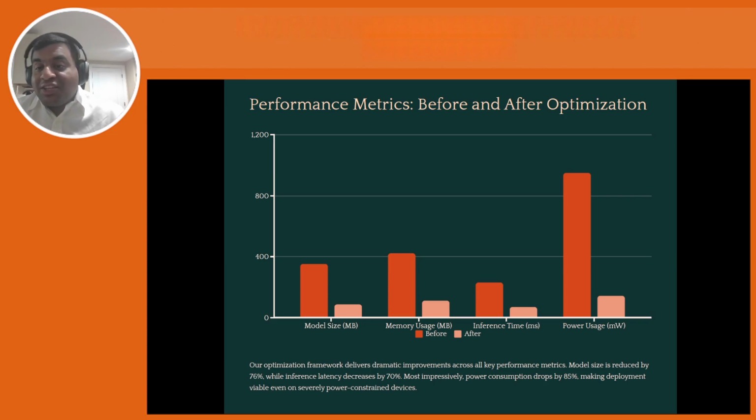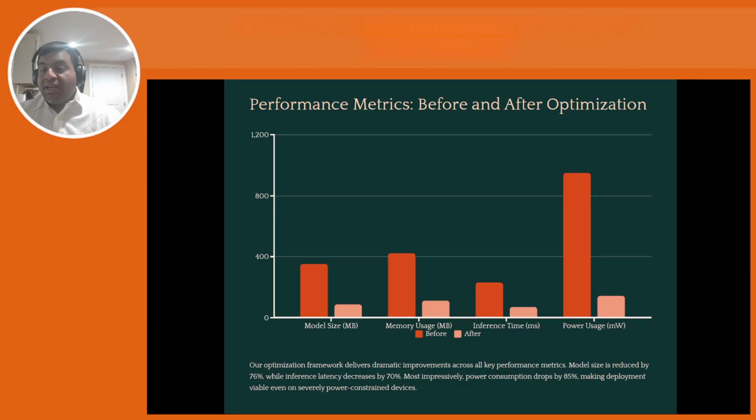Does all this optimization actually work? Absolutely. This chart shows illustrative results before and after applying a combination of techniques like pruning and quantization. We see drastic improvements: model size reduced significantly, like 76%. Memory usage drops.